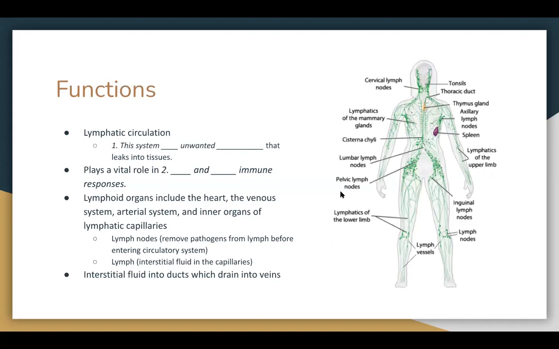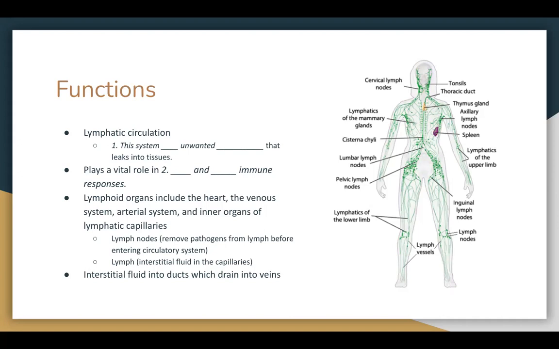Okay, so to begin, the lymphatic system is basically like your immune system. It is your immune system, but a little more complicated, the more anatomical version of it. So basically, lymphatic circulation, and it's like drainage. You have a bunch of unwanted fluids called interstitial fluids in your body, which is fluid in between tissue.